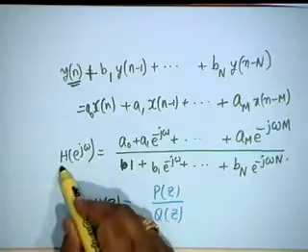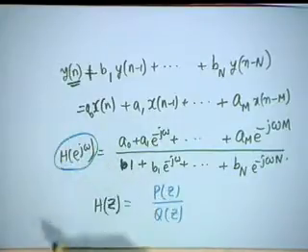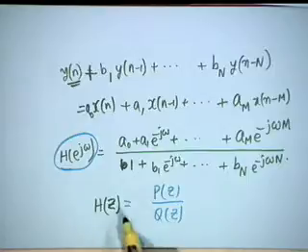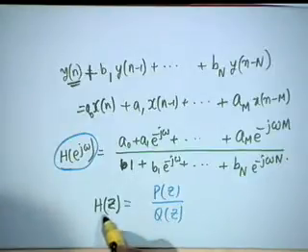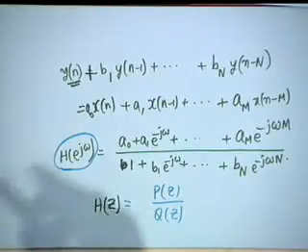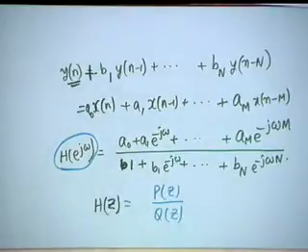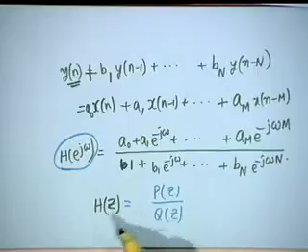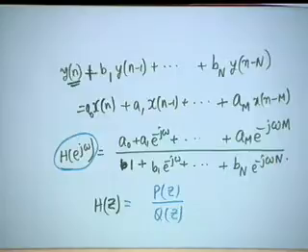When we talk of H of e to the j omega, suppose we want to find the frequency response, then z will simply be put as e to the j omega, provided the ROC includes the unit circle. If not, then we cannot do it.